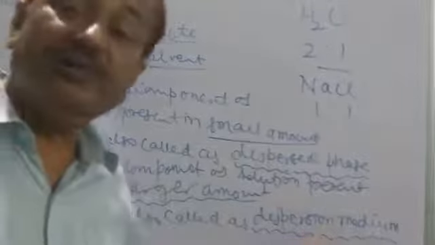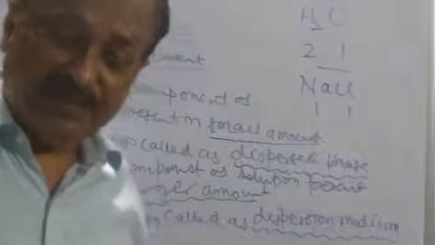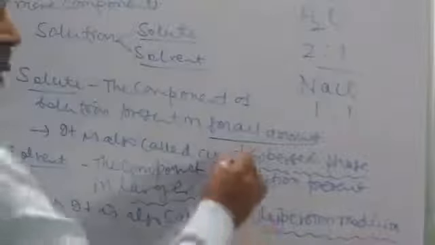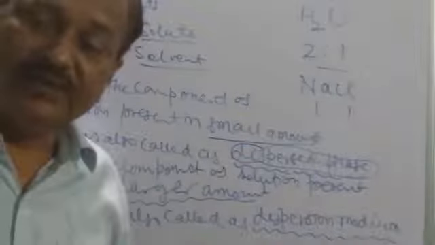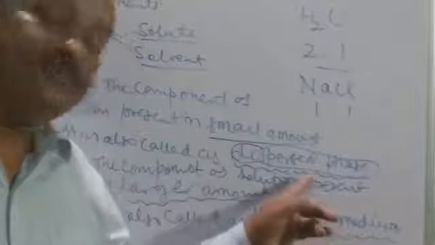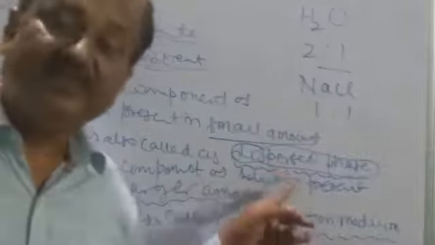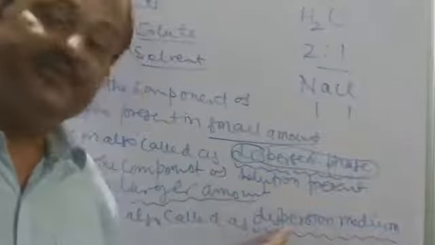So solvent is called the dispersion medium and solute is called the dispersed phase. Any solution is made up of two components, dispersed phase and dispersion medium. The dispersed phase is the solute, and the dispersion medium is the solvent.